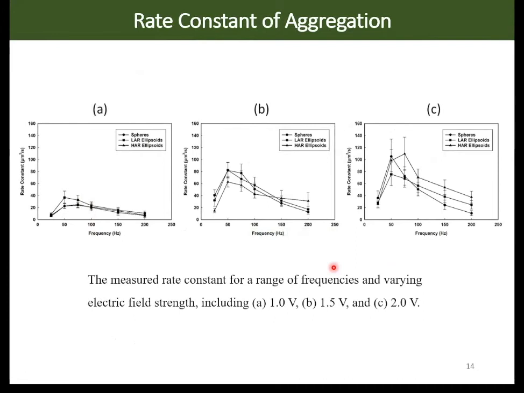The rate constant for aggregation grew as the frequency increased from 25 Hz, reached a maximum, and then started to decrease as the frequency was increased to the region where particles began to experience separation. Although the qualitative behavior was the same, the magnitude of the rate constant increased as a function of the nominal electric field strength. This data suggests there's no strong dependence of particle shape on the aggregation rate constant at these conditions.